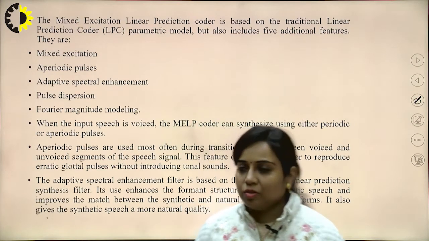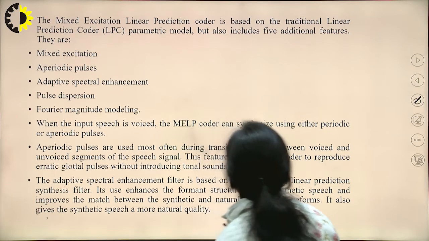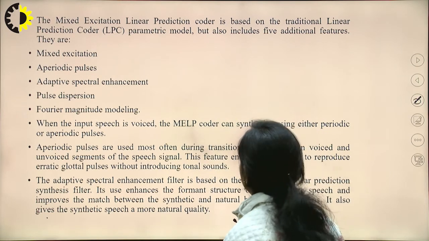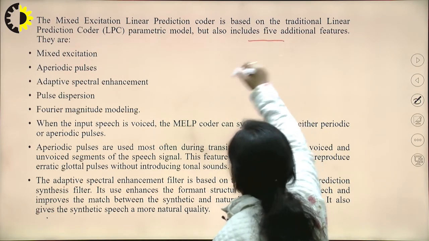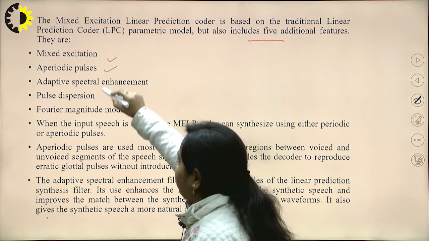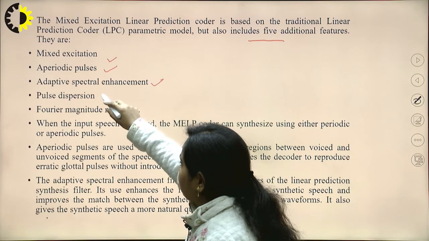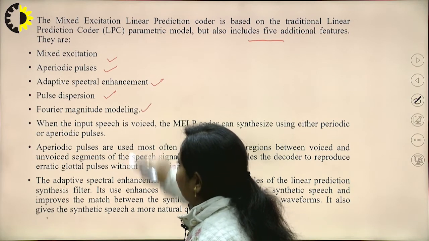Now this is the explanation again of the MELP. It is based on the traditional LPC vocoder, but it also includes 5 additional features: it uses mixed excitation, then aperiodic pulses, adaptive spectral enhancement, then pulse dispersion, and Fourier magnitude modeling.